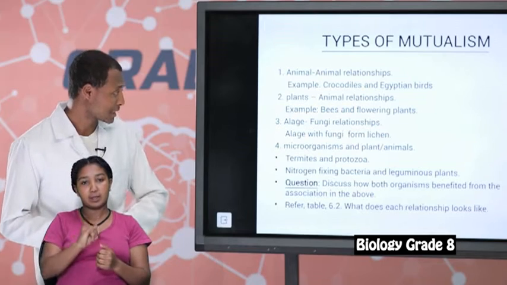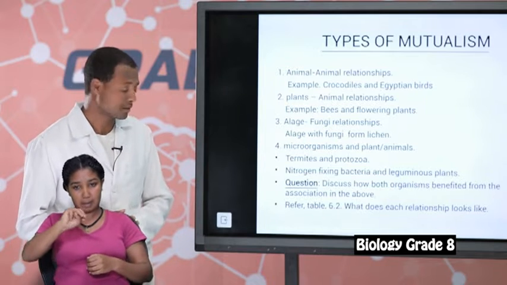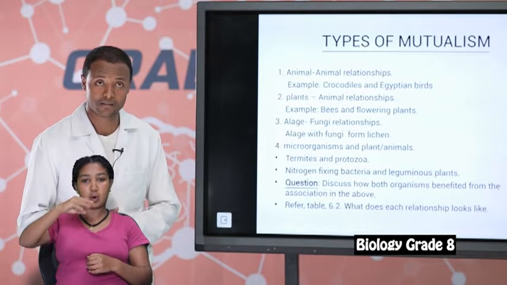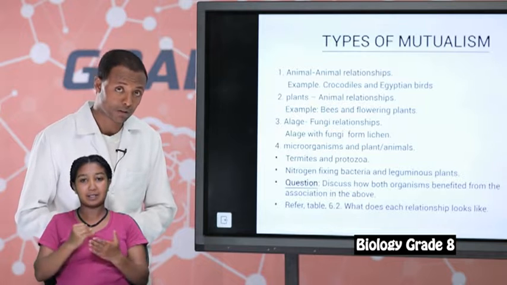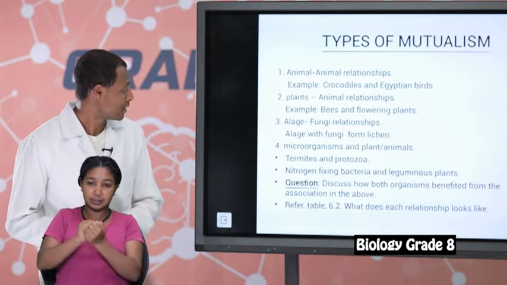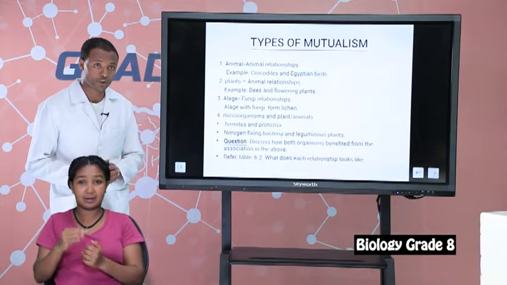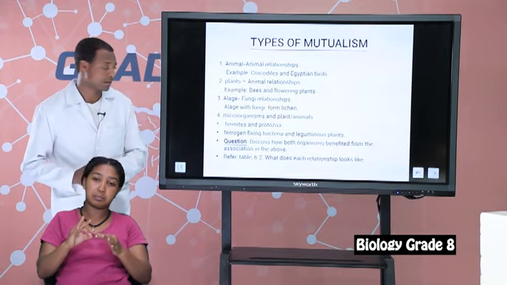The other is microorganisms and the plants and the animals, termites and the protozoa. In termites there is protozoa. So that means it is very important in the digestion system. The other is nitrogen-fixing bacteria and the leguminous plants. This is the association between microorganisms and plants.